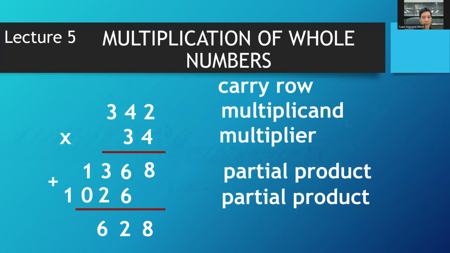And next step, you add 1 and 0, you got 1 and write down number 1. So you got 11,628. Here is the product of these two numbers.